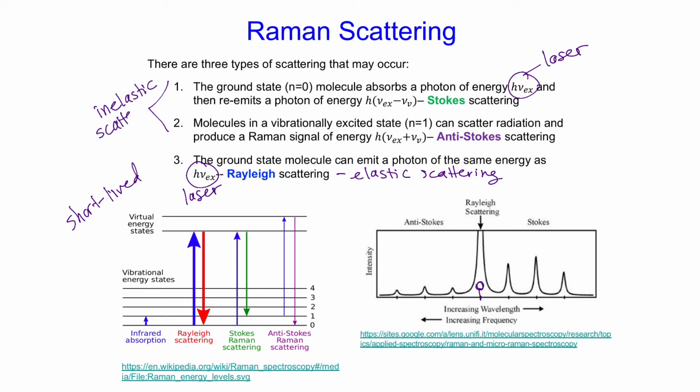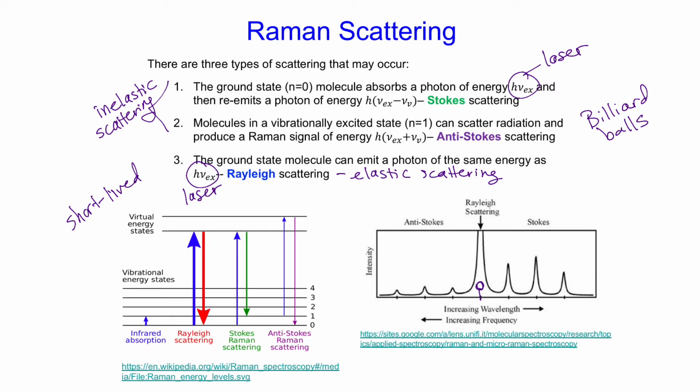So these are the same types of terminology that you encountered in physics when you talk about elastic and inelastic scattering or collisions. This is kind of like your billiard balls analogy. That's what's going on here with our light interactions and scattering.